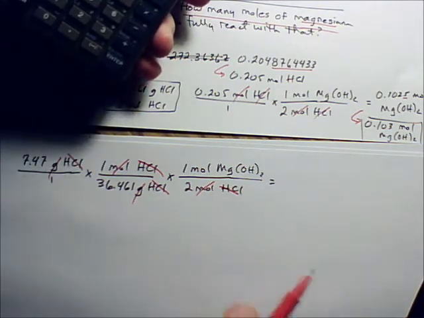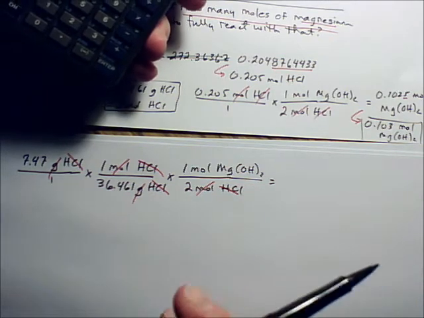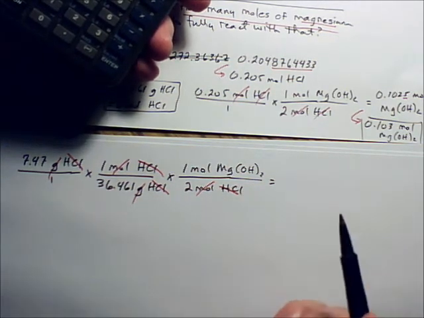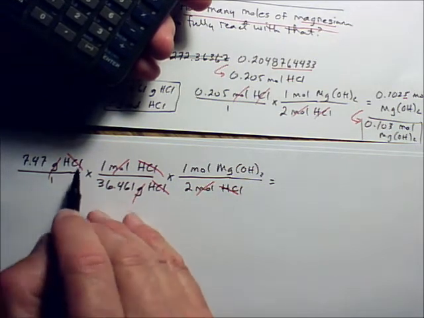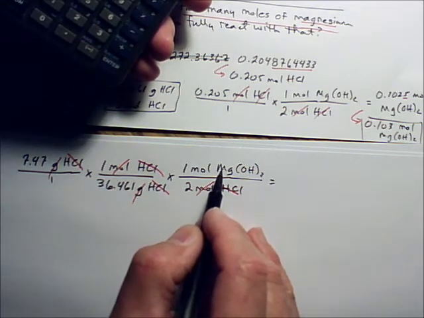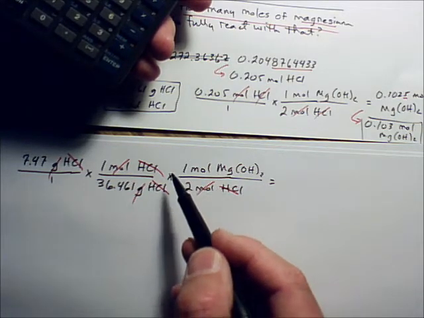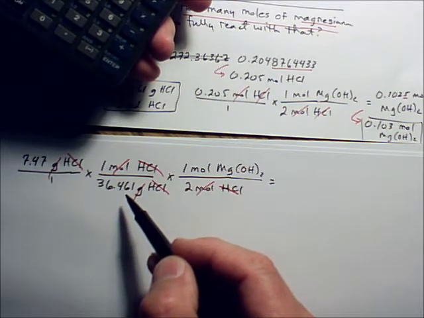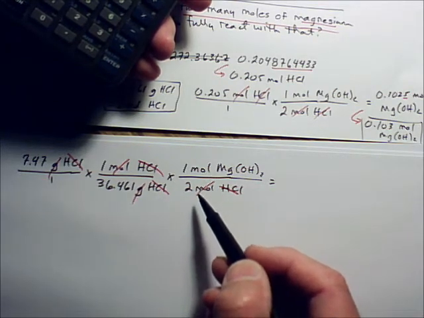So here's what we're going to do. If we're going to do it this way, you need to remember this rule about using your calculator. This is just a faster way of doing the calculation. You're going to multiply everything across the top and hit equals. Then divide by one number on the bottom, hit equals, and divide by the other number on the bottom, hit equals.